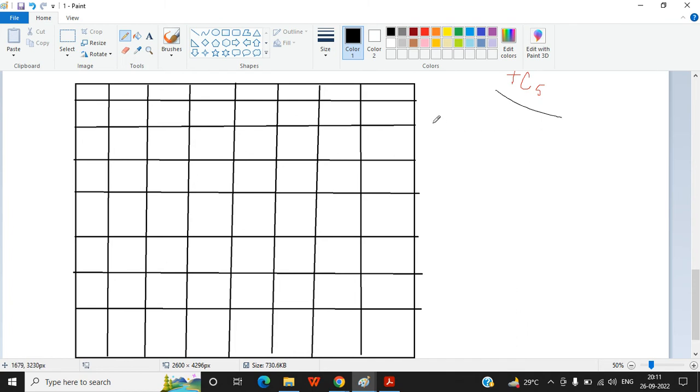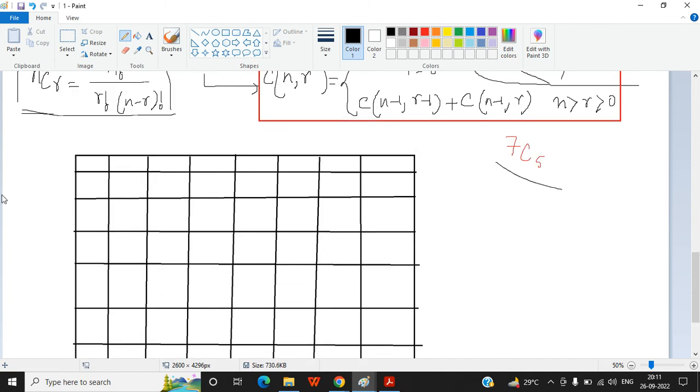Now, how will you do that? The first one, we will put in this direction all the values of n, and in this direction all the values of r.